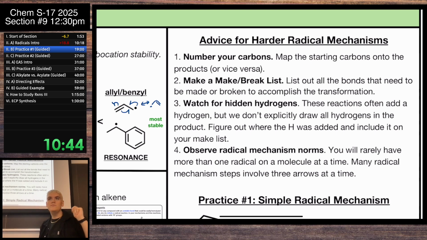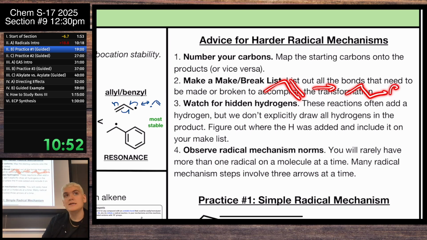What bonds do you need to make or break? With that, watch out for hidden hydrogens. Because if I did the radical mechanism here and I wrote my product here, it's easy to see that we made a sigma carbon-bromine bond, right? It's a little sneaky that we also made a sigma carbon-hydrogen bond and we just didn't write it out. So be on the lookout for those.